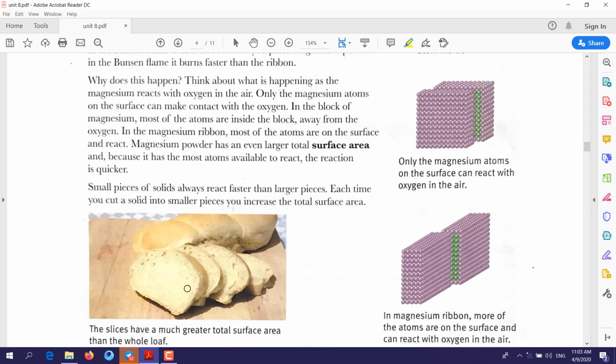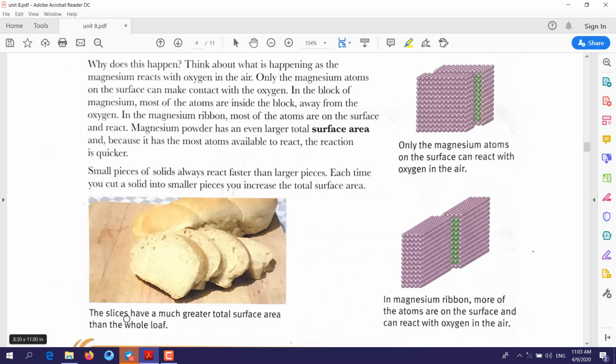Of course, the answer will be the slices. But why will the slices dry faster? The explanation for this question is that the slices have a much greater total surface area than the whole loaf of bread.